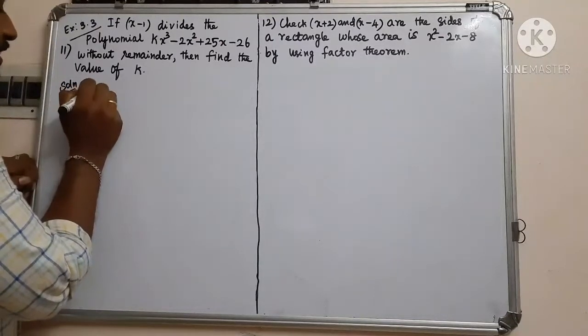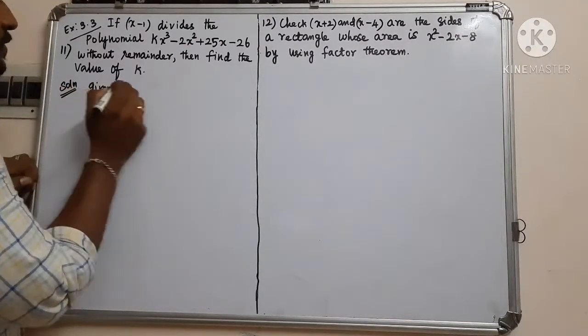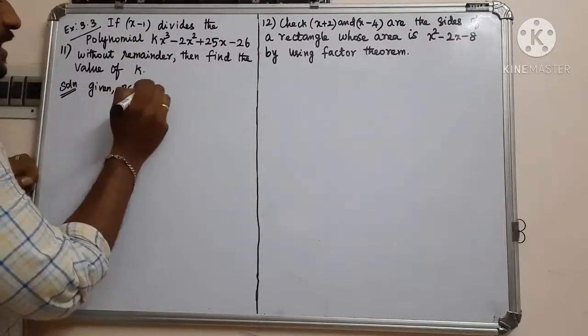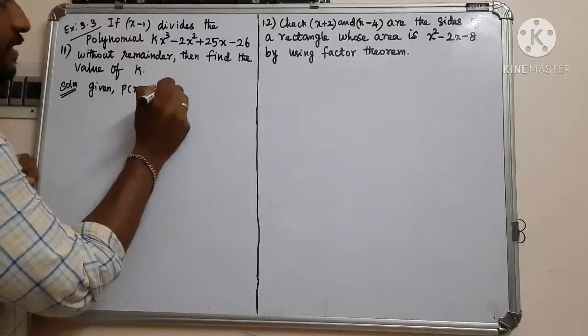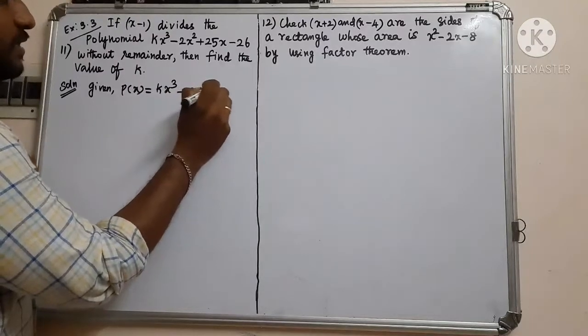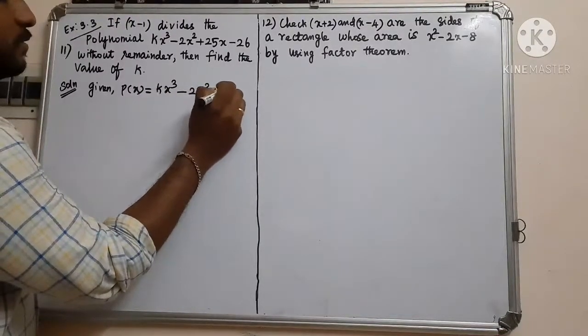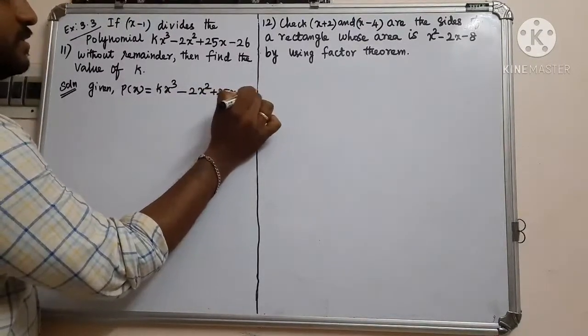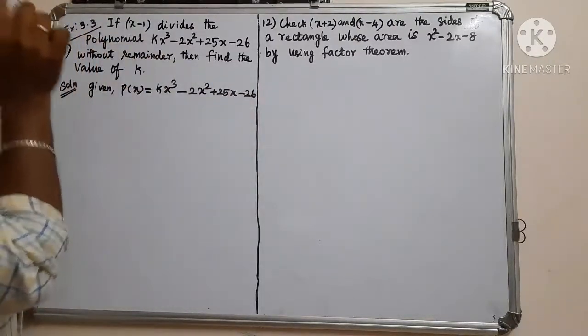So the given polynomial should be taken as p of x, that is kx cube minus 2x square plus 25x minus 26.